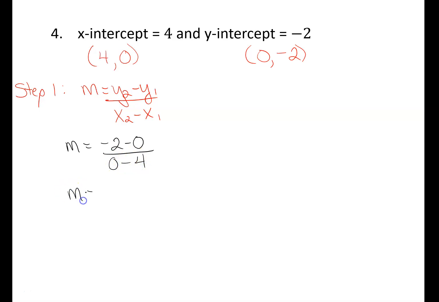Now be very careful with your signs. On top, -2 minus 0 is -2. On bottom, 0 minus 4 is -4. To simplify, a negative divided by a negative becomes positive, and 2/4 will simplify to 1/2. So my slope is a positive 1/2.